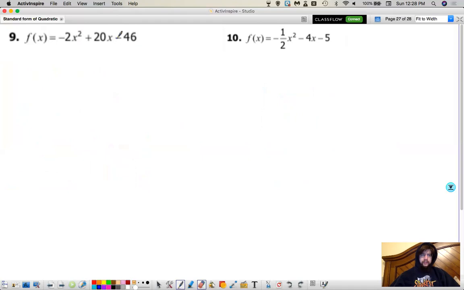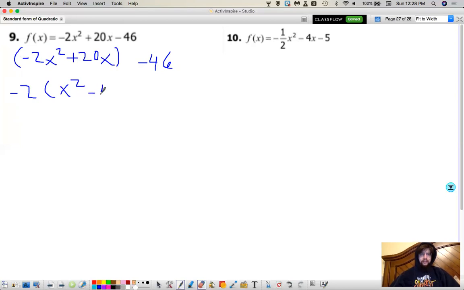Here we go. First thing we do is isolate this constant. Factor out a. 20 divided by negative 2 is negative 10. Then figure out what little c is.